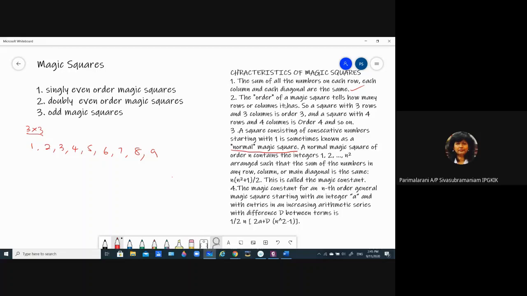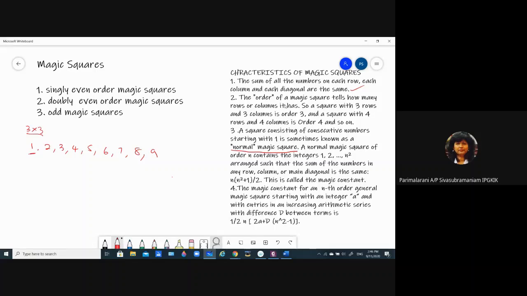So if you have a set of numbers starting from 1 until any number, and you can arrange these numbers in a magic square, then it is known as a normal magic square. So all normal magic squares start with 1 and they are consecutive numbers.